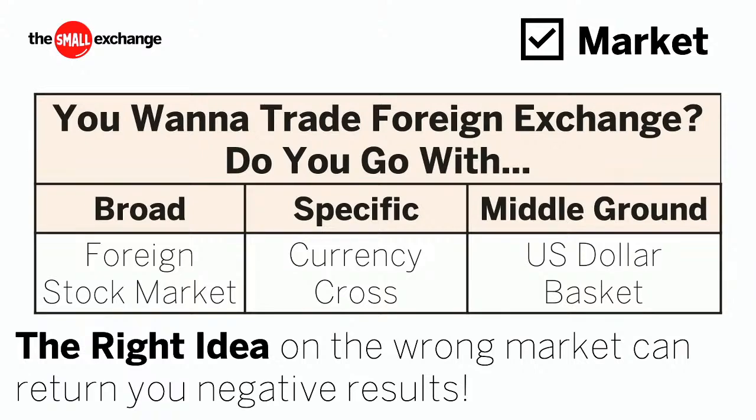Being long some Chinese or Japanese stock ETF is not the same as being long the Chinese renminbi or the yen. There is a correlation there, but you've gone so broad that you've maybe engineered the wrong trade.